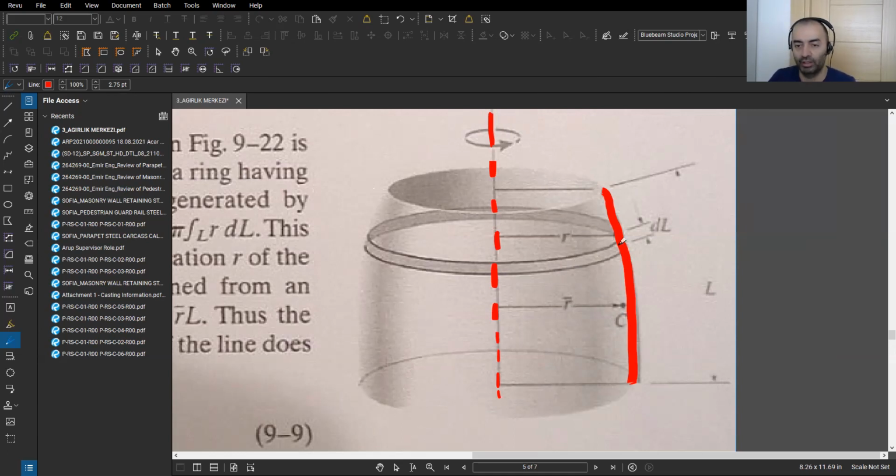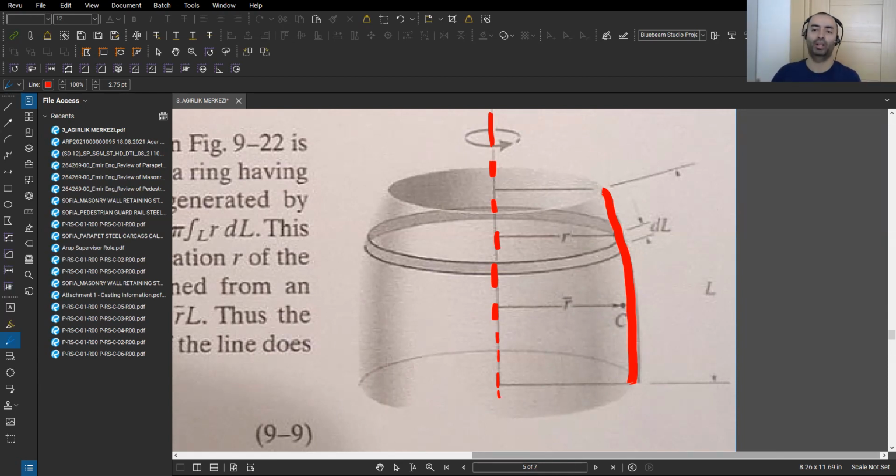For example, if I rotate this 360 degrees, I'm going to get this shape, this three-dimensional surface. Can you see the gray shaded area? Okay, the question is how I can calculate the area of this shape, this surface.